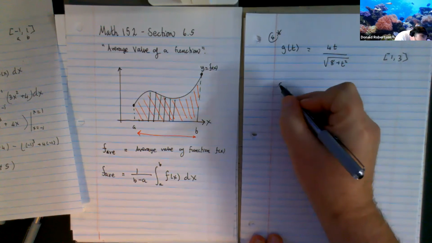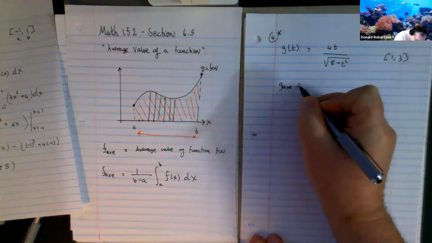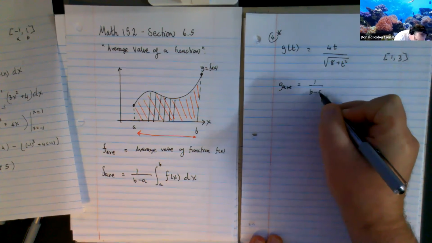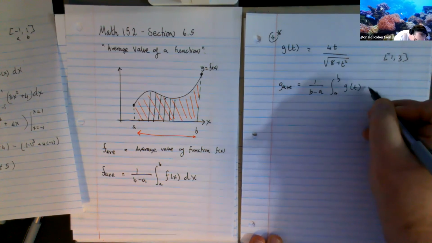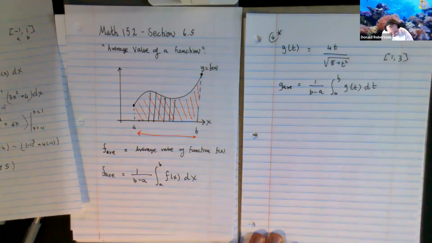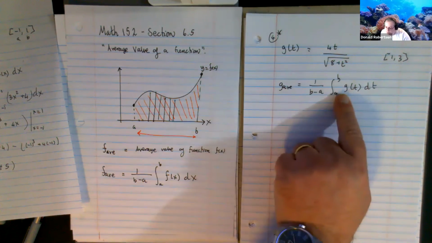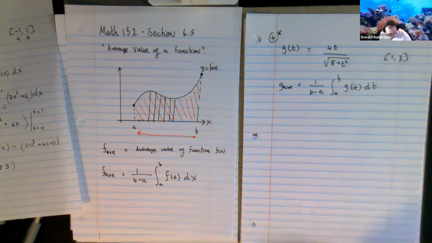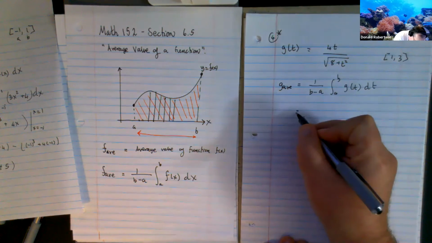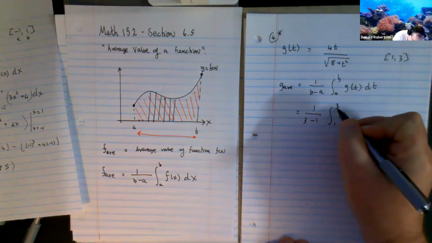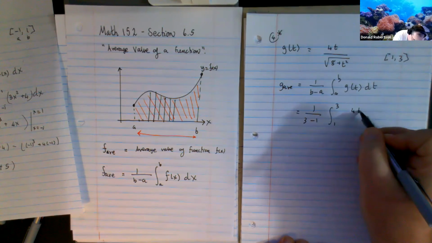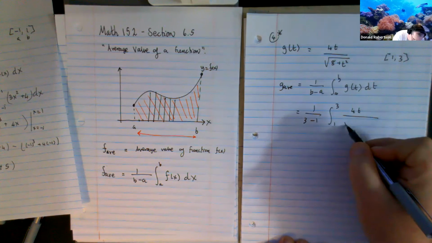So the average value is this guy. Technically, if the variable is t and the function is called g, then you'll use g of t dt and you'll call it g of, right? 1 over 3 take away 1, the integral from 1 to 3 of this ugly guy.